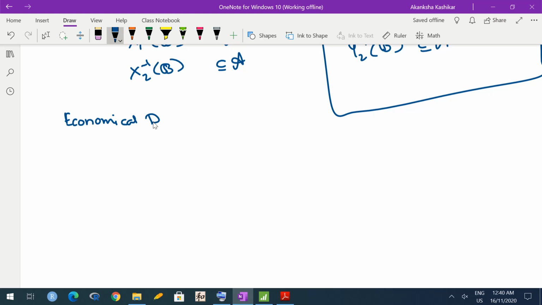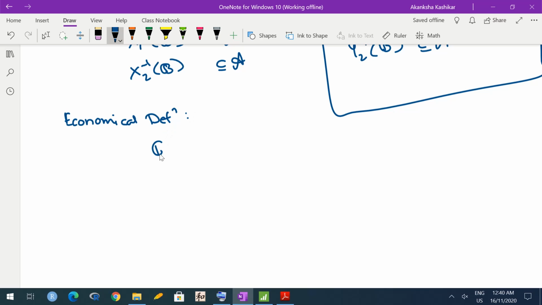Do you remember what the economical definition was? The economical definition stated that you don't have to worry about proving it for every Borel set. You can just prove it for a subset of the Borel sigma field, but it should be that subset which can generate the entire Borel sigma field.